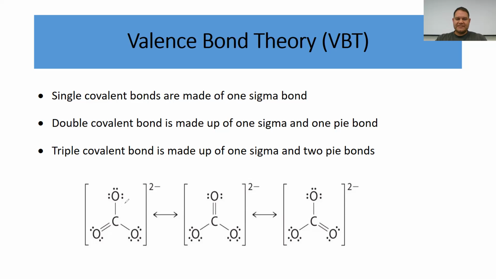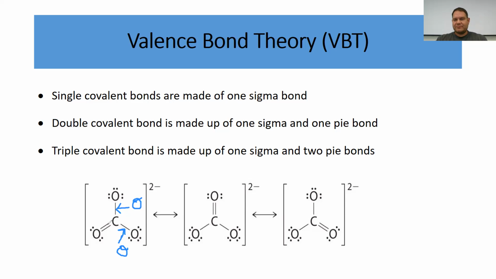We only need to look at one of the resonance structures to do this. So I'm just going to use this first one here. I have a single bond here. That single bond must be a sigma bond, right? And I also have another single bond right here, and that also has to be a sigma bond. So far, I have 2 sigma bonds in this structure, where these single bonds are.